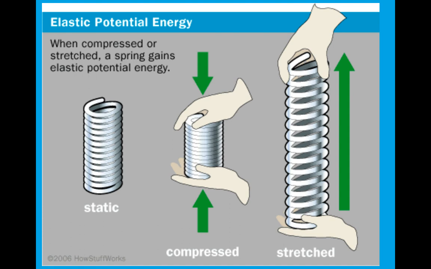So whether it's compressed below equilibrium or stretched above equilibrium, it will store elastic potential energy based on its position. Okay, so it can be stretched or compressed and still store elastic potential energy. If the spring is at equilibrium, it is not storing elastic potential energy.